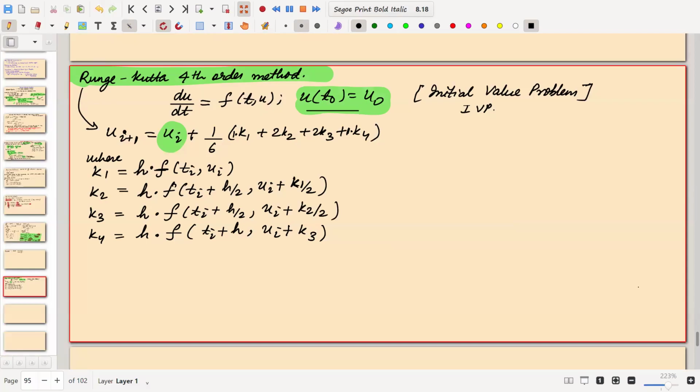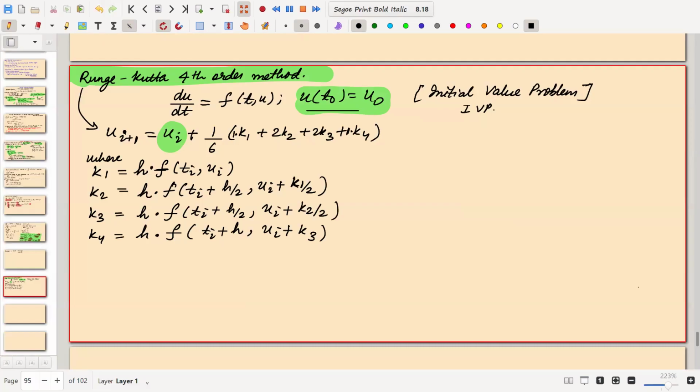Now, what are these K1, K2, K3, K4? So Runge and Kutta devised that K1 is equal to, observe that if you put K2, K3, K4 equal to 0 and there is no 6 here, then it returns to the Euler method.